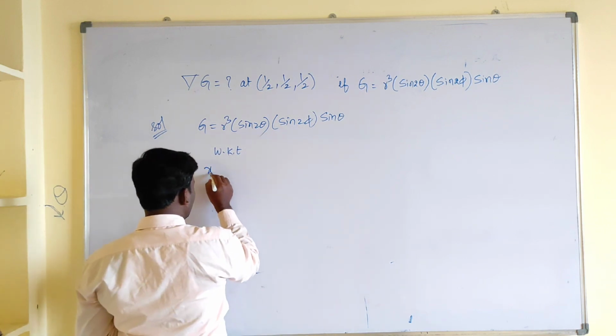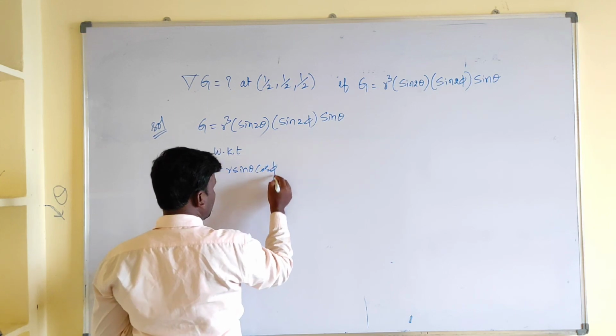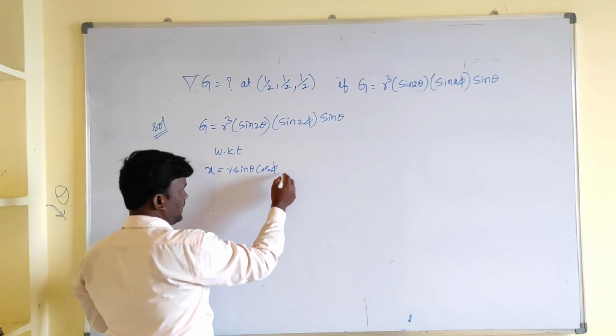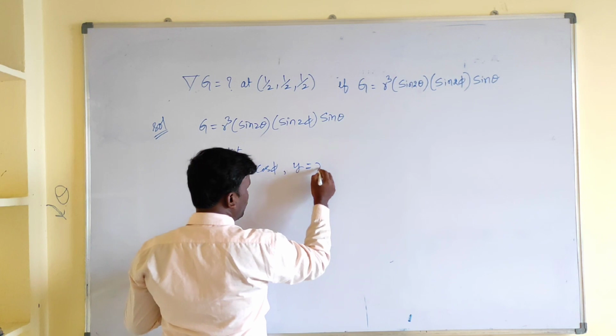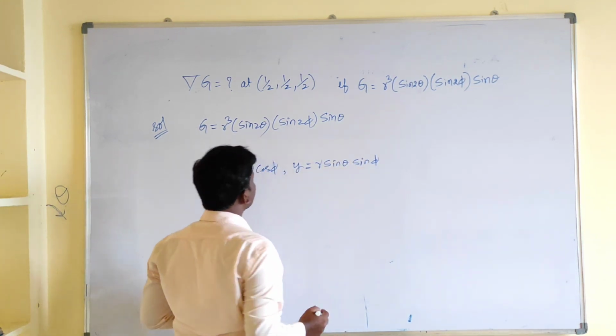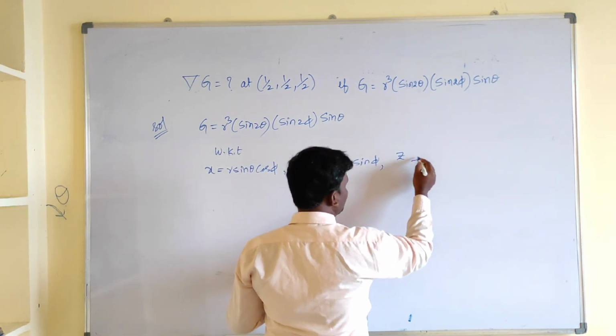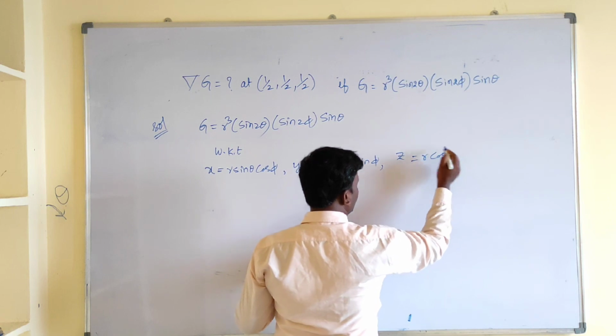We know that x equal to R sin theta cos pi, y is equal to R sin theta sin pi, and z equal to R cos theta.